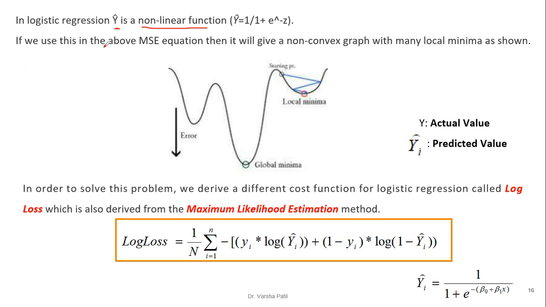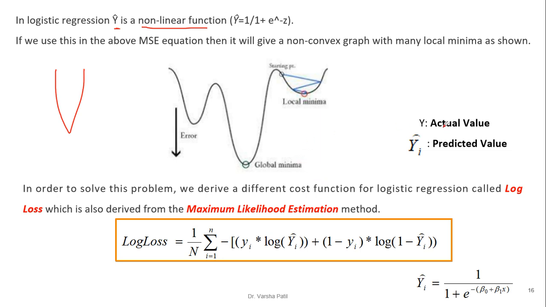But if we use this non-linear function, we do not get a convex shape like linear regression, but many local minima are present. So chances are that, if we use the same algorithm, we get stuck in a local minimum. That's why we change the shape of this function. That is called log loss, or maximum likelihood estimation.